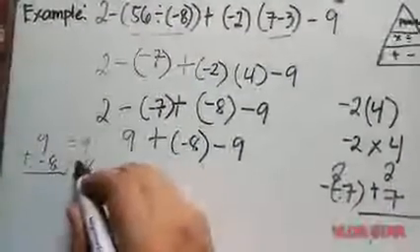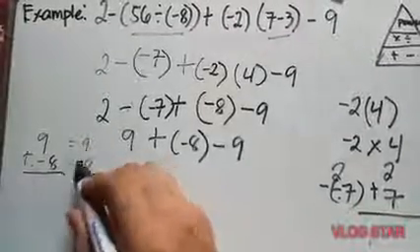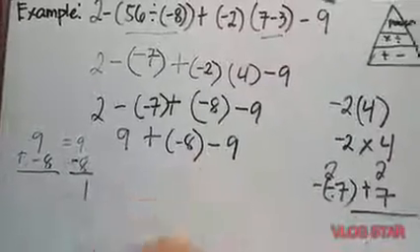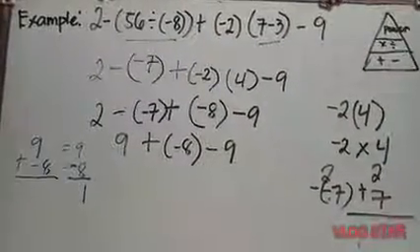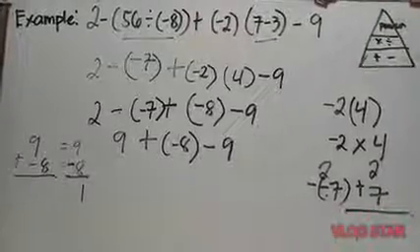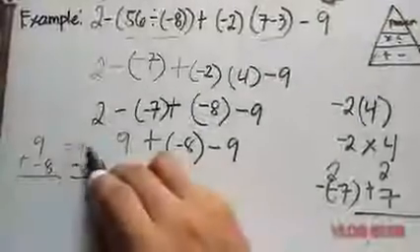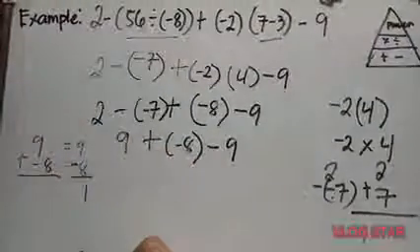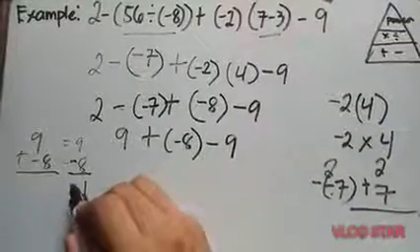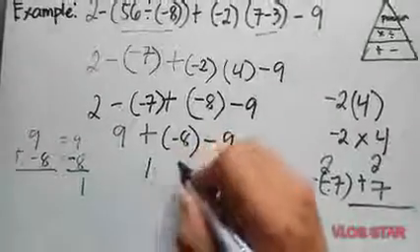Then proceed to subtraction. Then 9 minus 8, the answer is 1. Then copy the sign of the integer with greater absolute value. So you can see that 9 has greater absolute value compared to 8. So this means that the sign of 1 is positive.